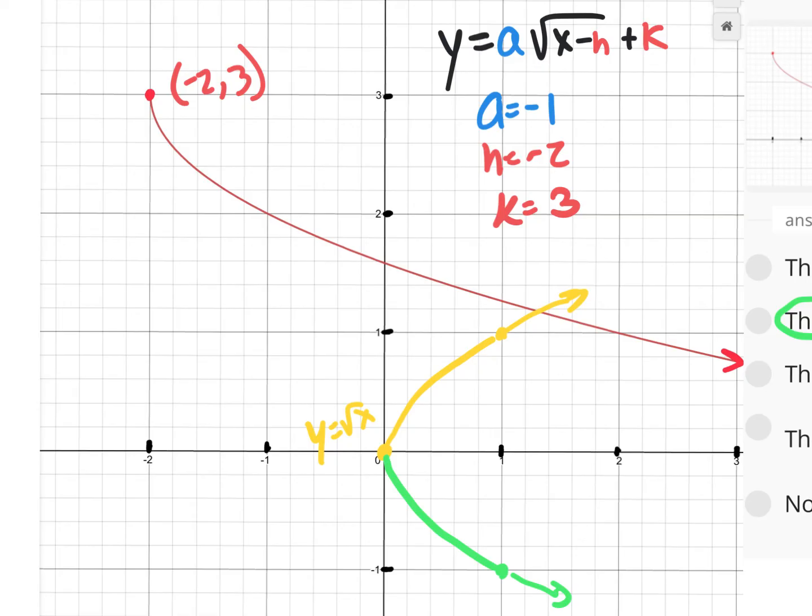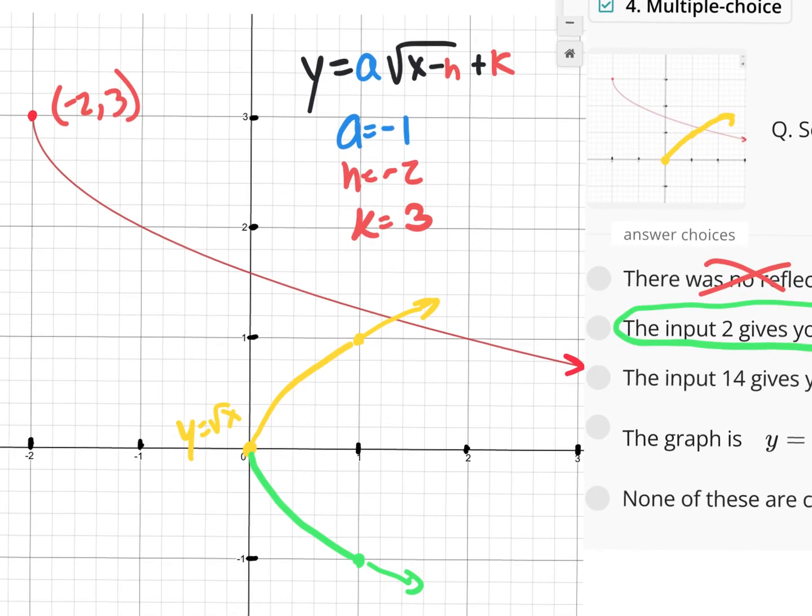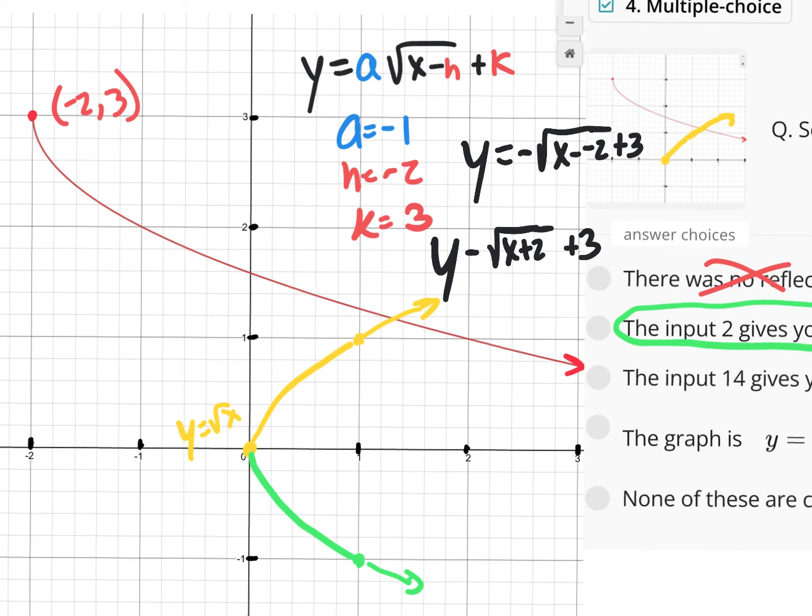So our equation will be y equals -1 square root of x minus -2, plus 3. So let me rewrite that: negative square root of x plus 2, plus 3 on the outside. So this is the function that produces this red graph, okay?